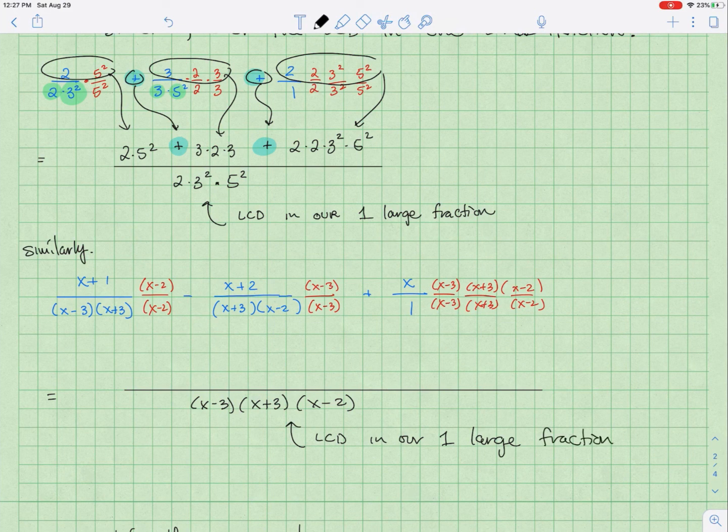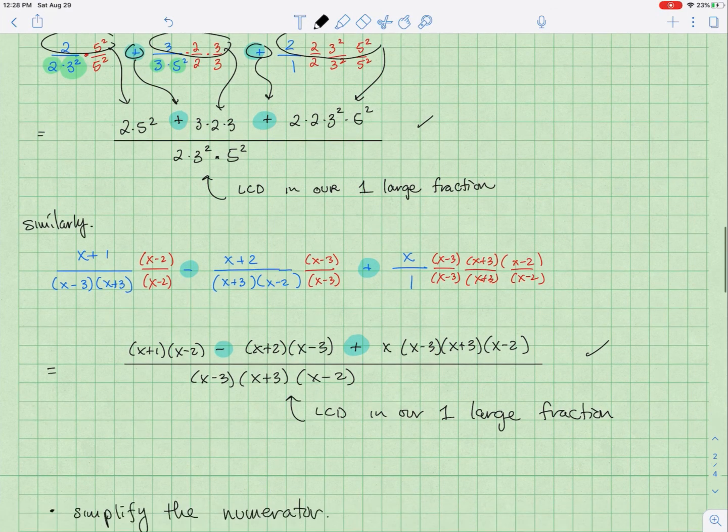And then we have our first numerator, which is x plus 1 times x minus 2, minus x plus 2 times x minus 3, plus, this one's a little bit messy here, x minus 3, x plus 3, x minus 2. Boom. So that's how we would combine it into one large fraction.